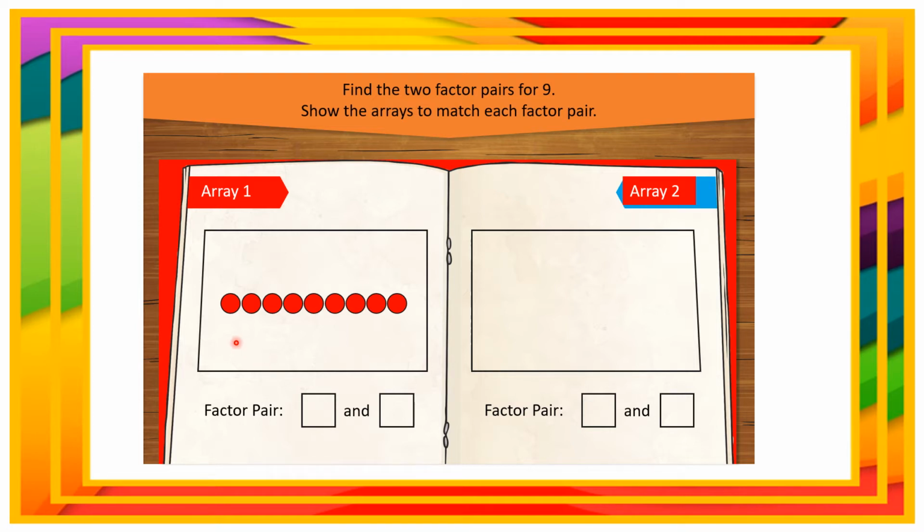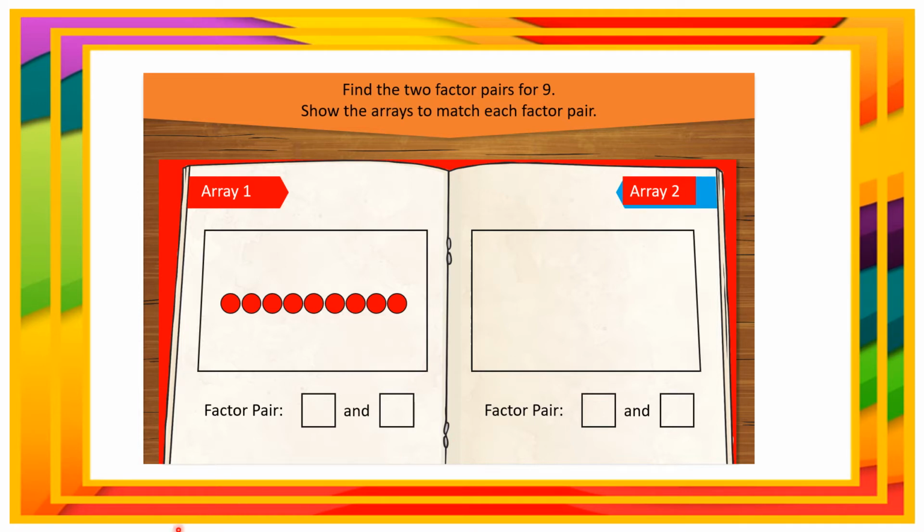And we have been given an array representation. So, what two numbers can we derive from this array which we can multiply together to make 9? So, we have one row of how many counters? Let's count together. 1, 2, 3, 4, 5, 6, 7, 8, 9.